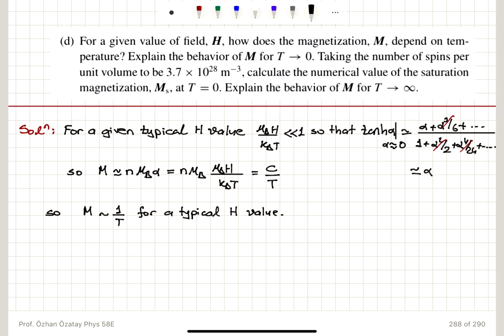So the behavior of magnetization as a function of temperature is decreasing as 1 over T.